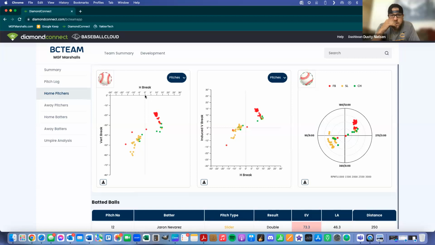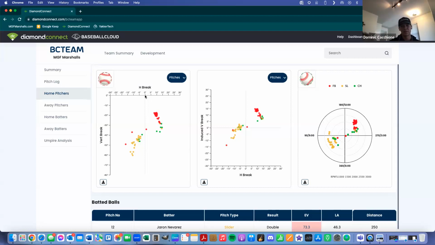Got it. So with the horizontal break, the red is fastball. For a right-handed pitcher, I'm assuming that's what Ben Reimers is. Yeah, righty. So he's missing up and in. It would also be arm side run, he's going to have natural arm side run, so it's always going to move to the positive. Anything to the right on an XY graph is positive on the X axis.